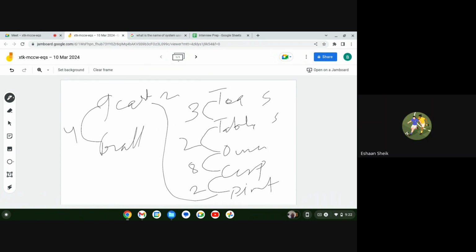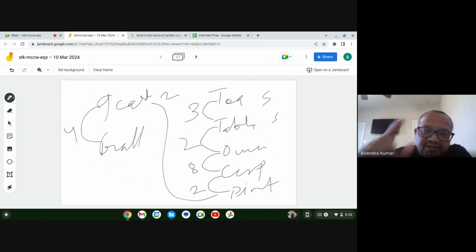So basically, it starts with teaspoon, a much smaller unit that we use for smaller quantities. That comes to a tablespoon, and then 2 tablespoons make 1 ounce. 8 ounces make 1 cup. 2 cups make 1 pint. 2 pints make 1 quart. 4 quarts make 1 gallon. This is for the fluids, for the liquids.